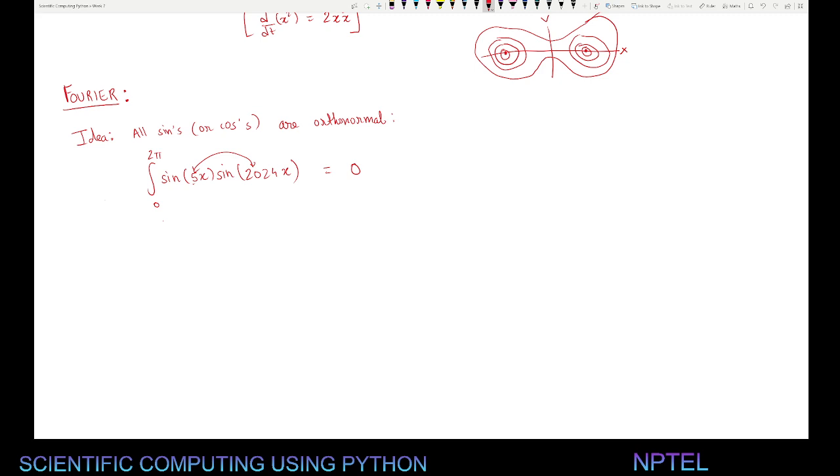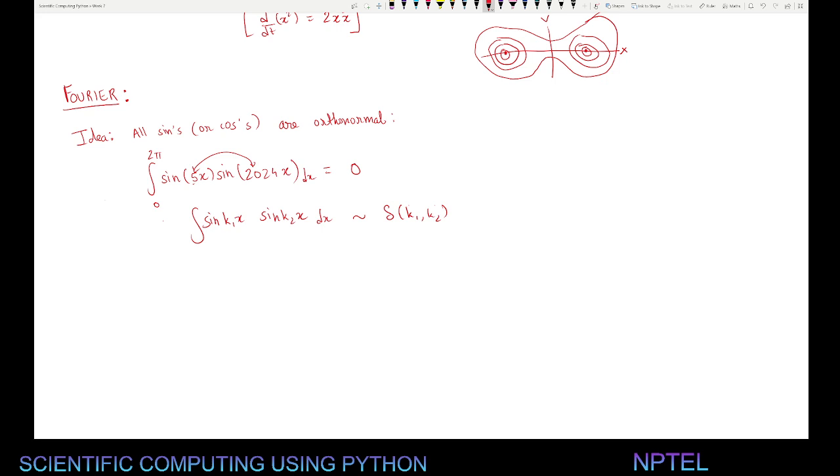But basically, the integral of sine k1 x and sine k2 x dx is some delta of k1 k2. Okay, so only when k1 is equal to k2, you get a finite number.